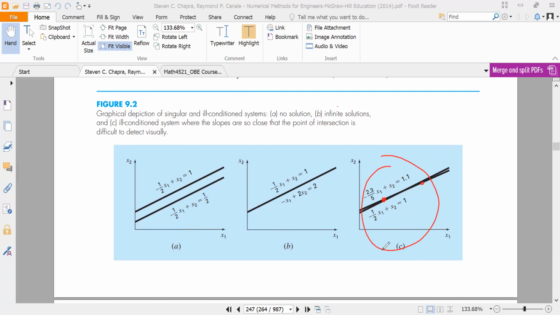This type of problem is called an ill-posed problem, or ill-conditioned problem. The ill-conditioned problem has some standard techniques to handle it.